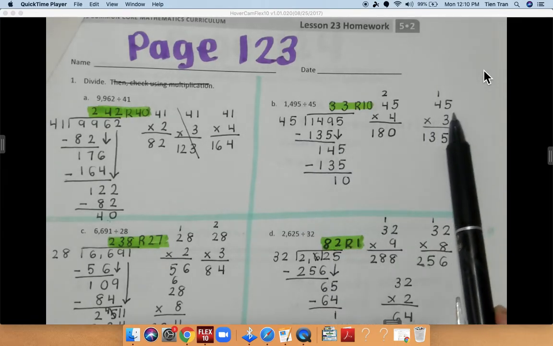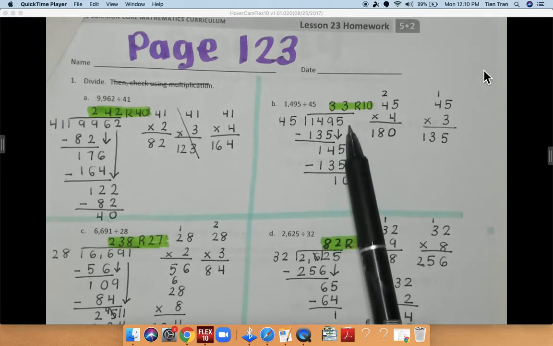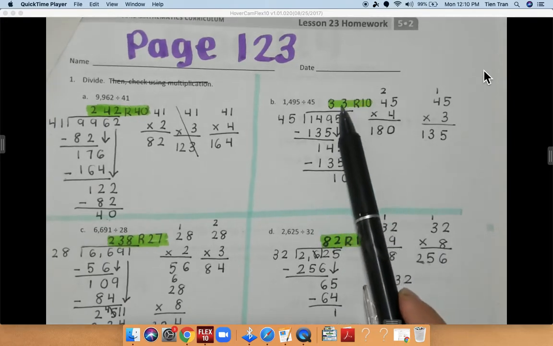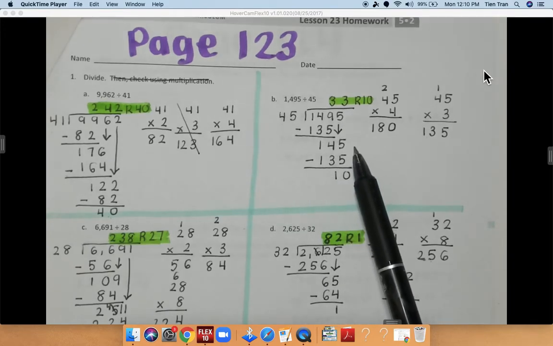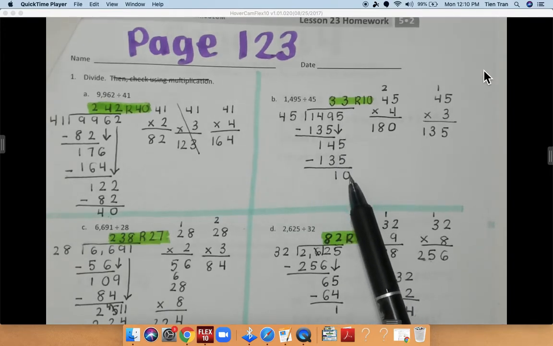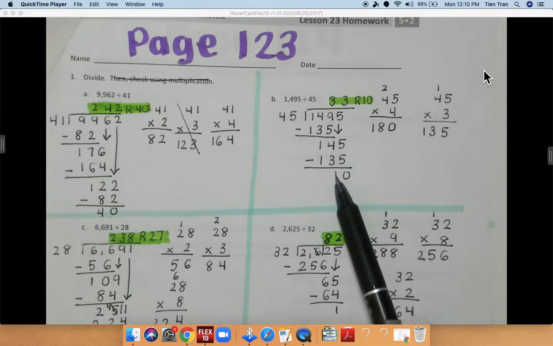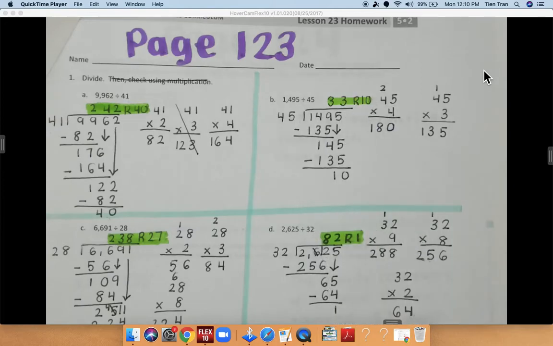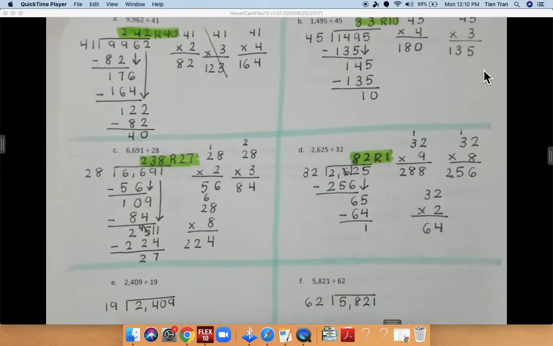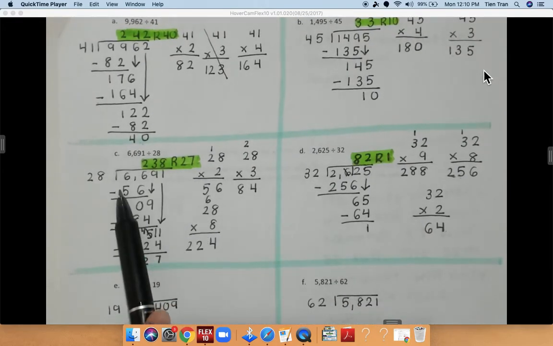Same answer. 45 times 3 is equal to 135. So I wrote down 3 at the top, multiplied, and got 135. Now I'm subtracting. 5 minus 5 is equal to 0. 4 minus 3 is equal to 1. So my remainder is 10. 10 is less than my divisor 45, so it works out. Now I'm moving on to problem C.